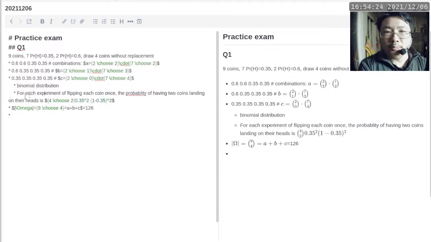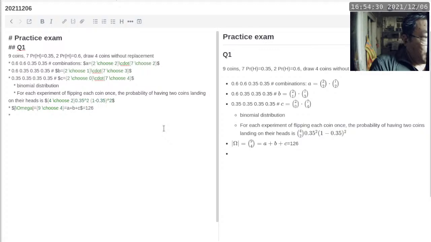There we go. Let me fix the typo here. So the problem is asking for exactly 2. That is correct, and this is exactly 2 for this kind of configuration.